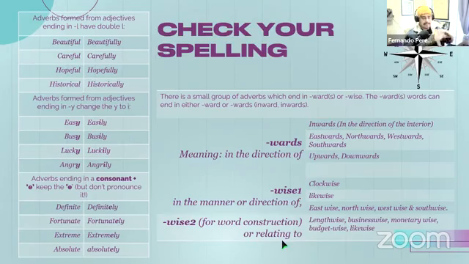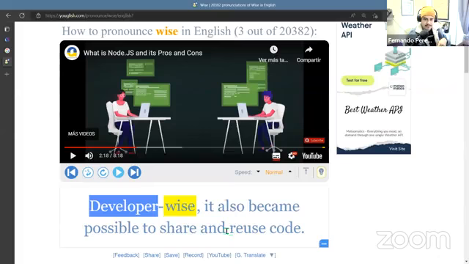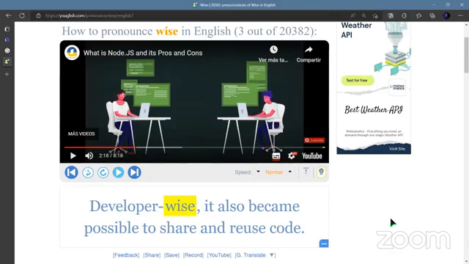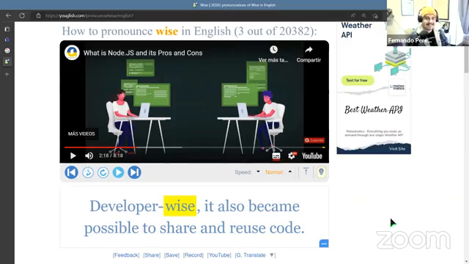In the matter or in the field of developers, in the whole developer ecosystem, it became possible to share and reuse code. In the developer world, in the developer area. That's the meaning, that it's possible between developers to share code or share knowledge. Exactly. Okay. That's the meaning.